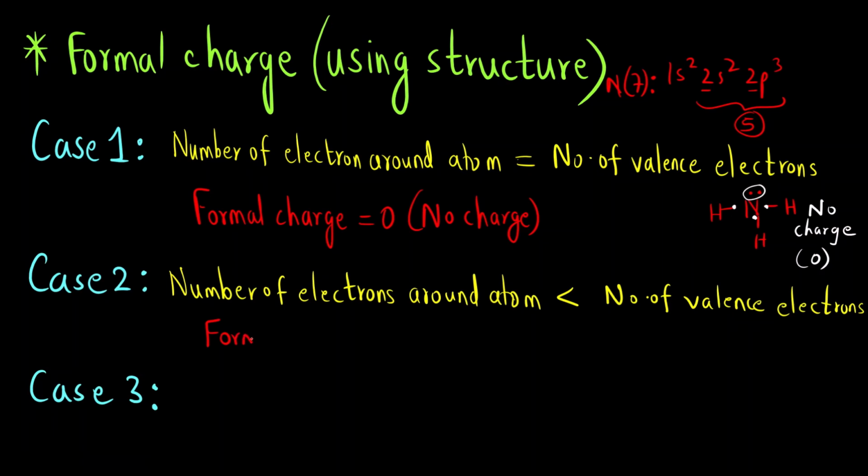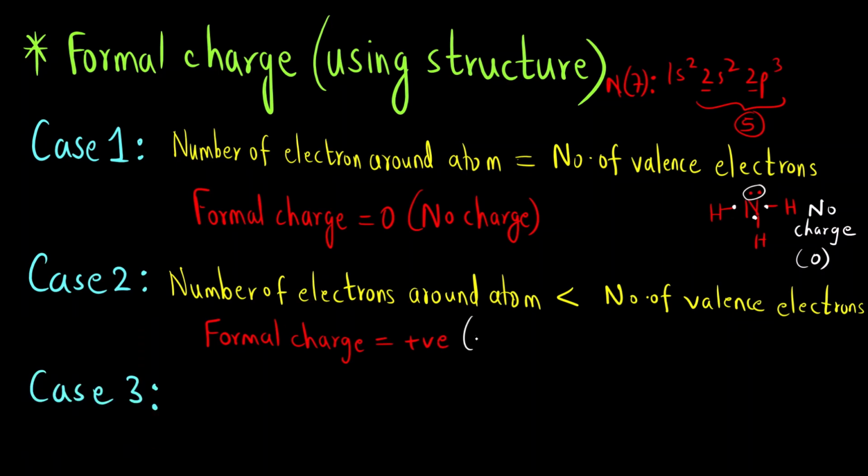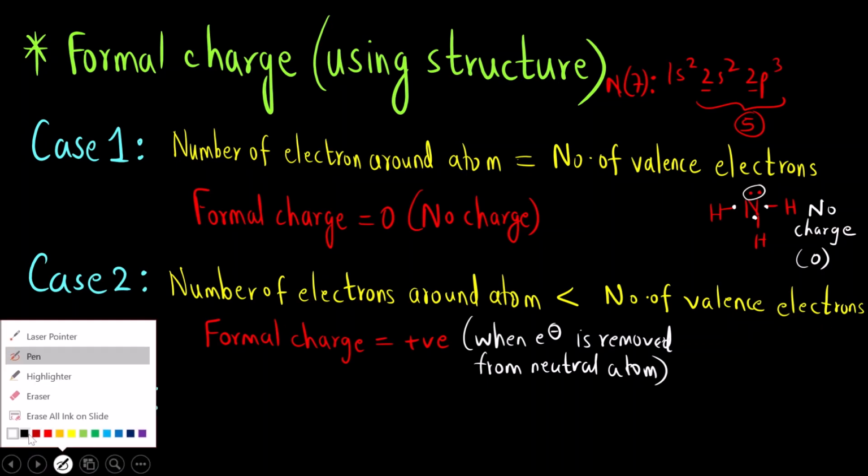The formal charge is going to be positive. Now we have to understand that we get a positive charge when an electron is removed from a neutral atom. When an electron is removed from a neutral atom, then we give that particular atom a positive charge.